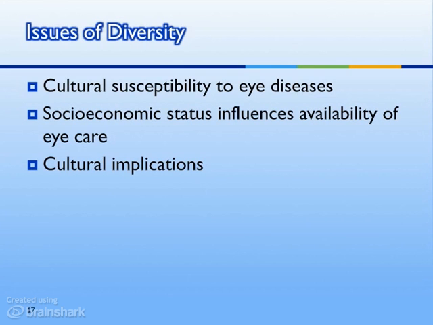From a diversity standpoint, a couple things are important to point out. One being that within certain cultures, there may be susceptibilities to eye diseases, where you may see certain cultures or a specific gender. Some things may be hereditary, or there may be genetic roots. So you may see a prevalence of certain types of eye diseases within certain subgroups.